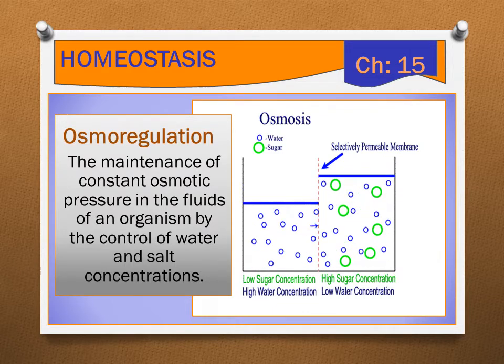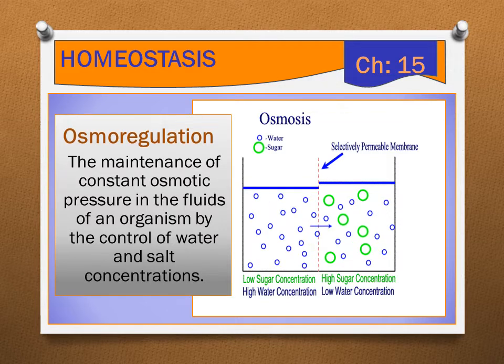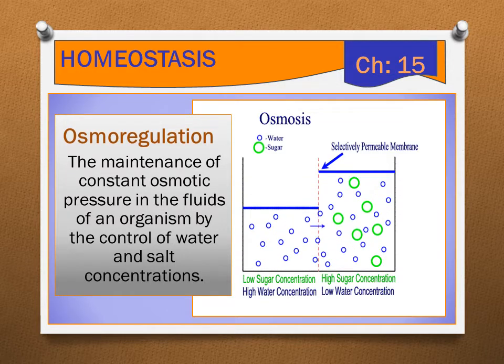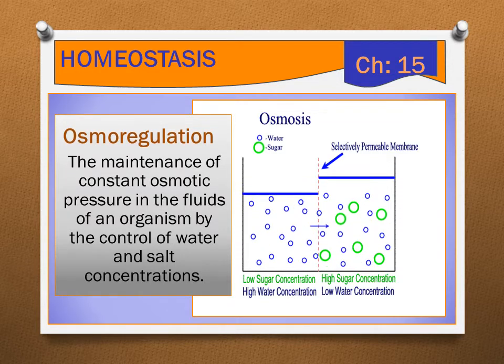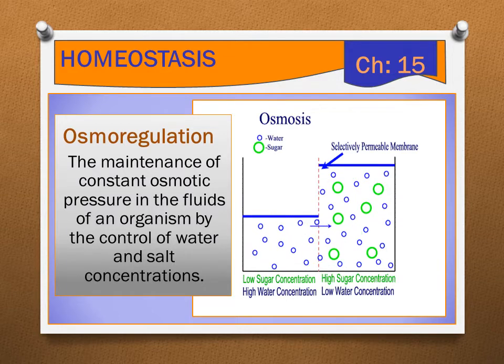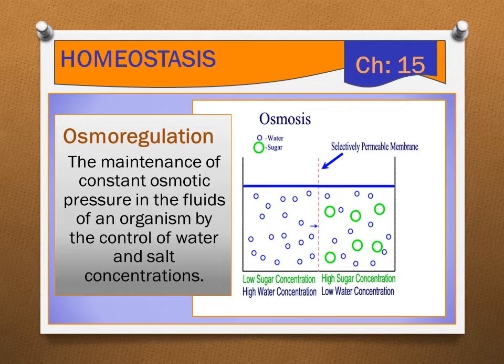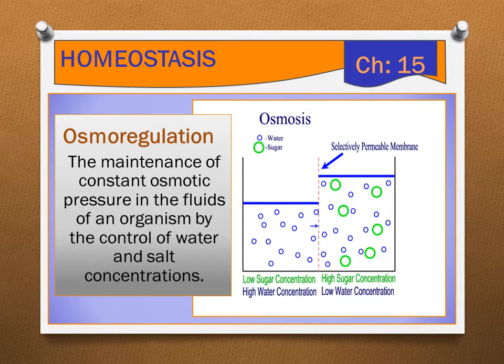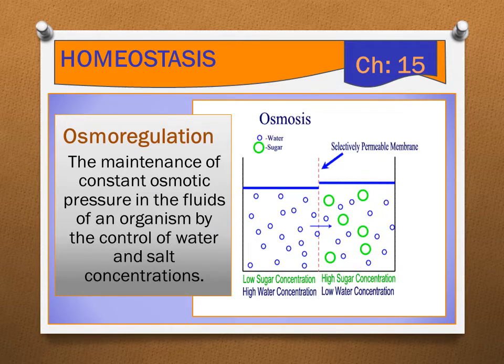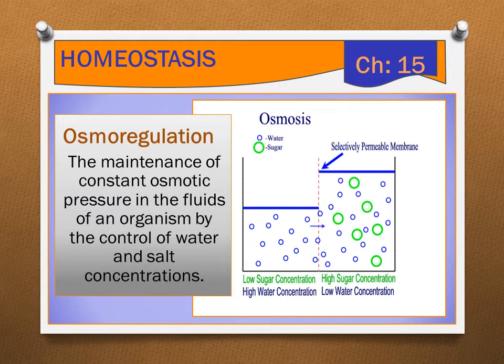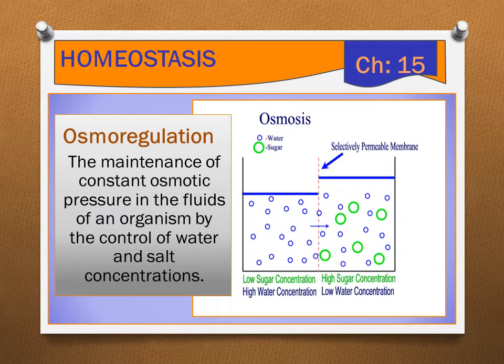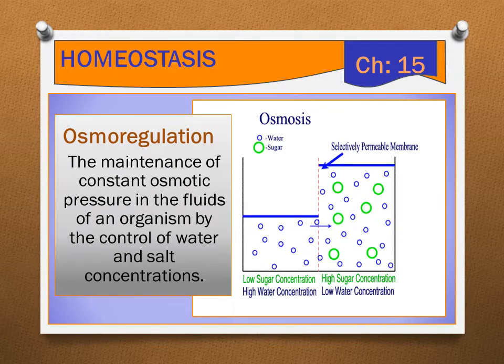Osmosis is important both in plants and animals. Osmosis is related with the movement of water molecules through a partially permeable membrane. The water molecules always move from higher water concentration towards lower water concentration.